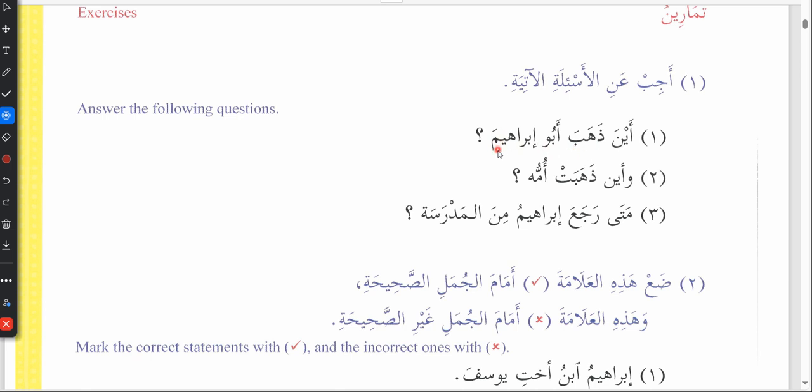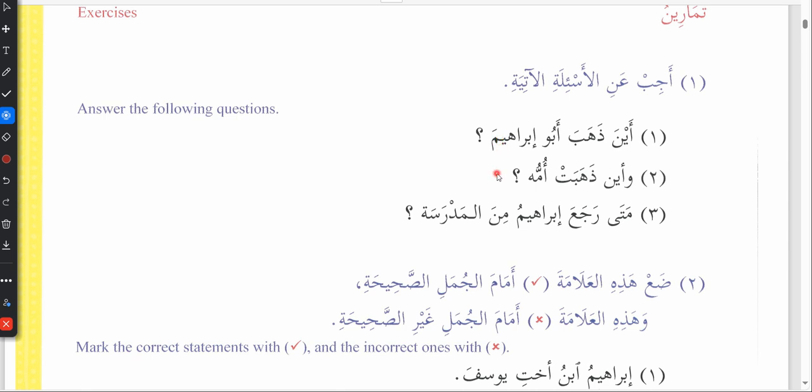Why? As it is an idafa, Abu Ibrahim. Why isn't there a kasra below the meme? Because Ibrahim is a foreign name and it cannot accept kasra. It's ghair munsarif. And that's why in majroor case, it will have a fatha to show its position. In mansub and majroor case, it will hold a fatha over it.